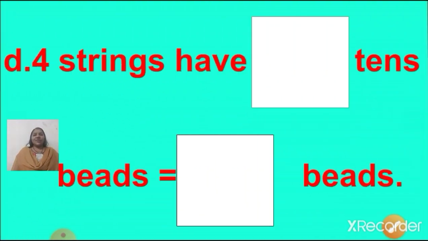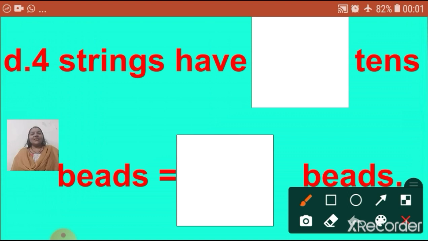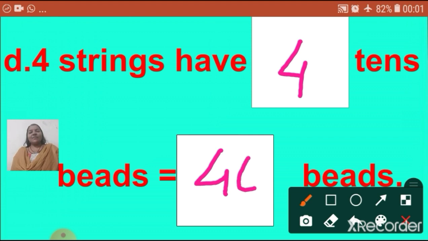Now see the next question. 4 strings have dash tens, equal to dash beads. So 4 strings have how many tens? Yes, 4 tens. So here will come 4. 4 tens means how many beads? 40 beads. Yes, so here will come 40.